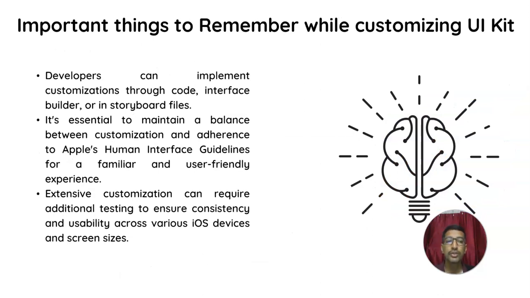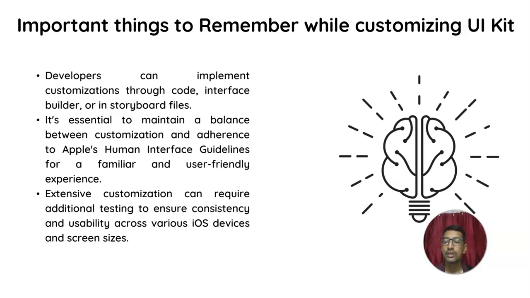So this is the most important part, that is, important things to remember while customizing UI kits. Developers can implement customizations through the three ways that we have studied while building the user interface using UI kits, which are programmatically, that means through code, Interface Builder, and through storyboard files.